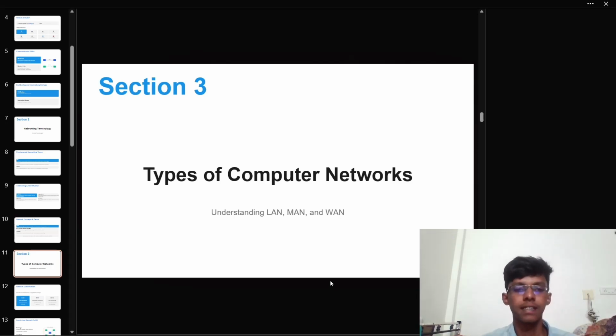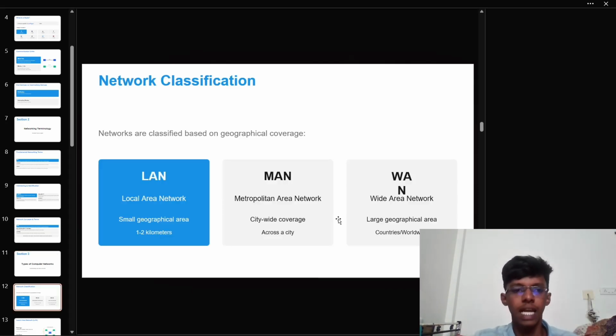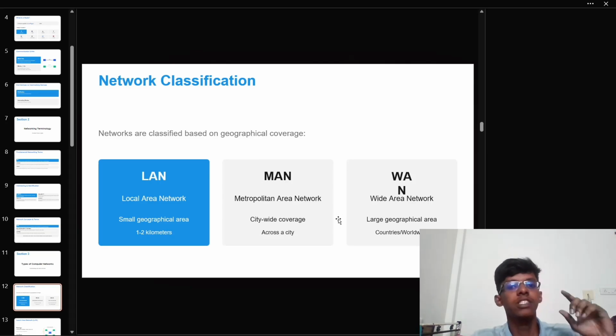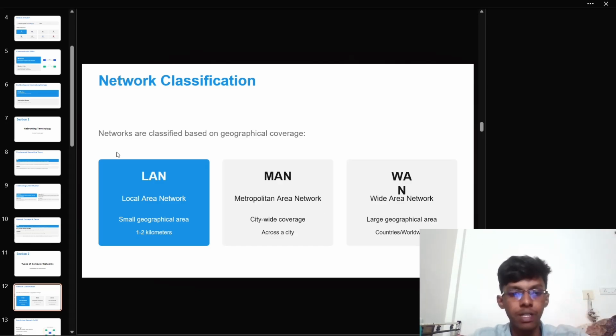So guys, let's enter into the types of computer networks. Understanding LAN, MAN and WAN. Computer networks are classified based on geographical coverage. It can be divided into three: LAN, local area network; MAN, metropolitan area network; WAN, wide area network.